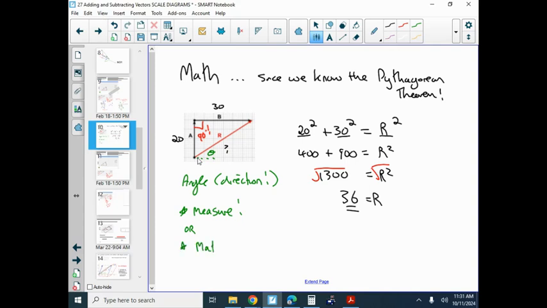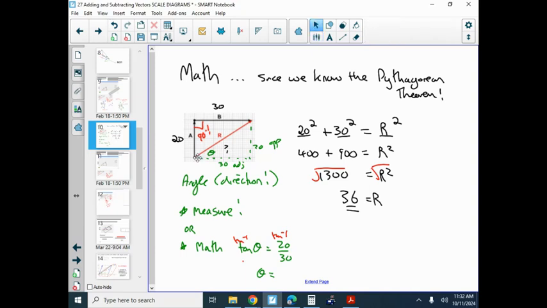The math would have been to say we'd have the 30 and the 20. So you could say, okay, well, tan, because you have your opposite and your adjacent. Just reviewing some math for you as we go, because we need it. Tan of theta equals opposite over adjacent. And so you'd do tan inverse of both sides and get the angle.